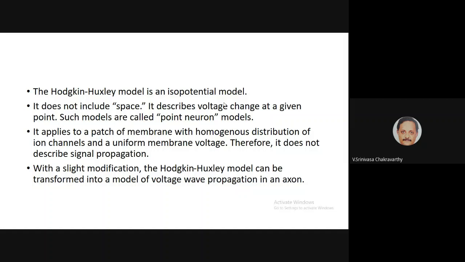So we began with the Hodgkin-Huxley model, which tells you how to generate the action potential. The thing is, it's a point neuron model, or you can say it's an isopotential model. We have taken a patch of the neural membrane, and we have all these ion channels.